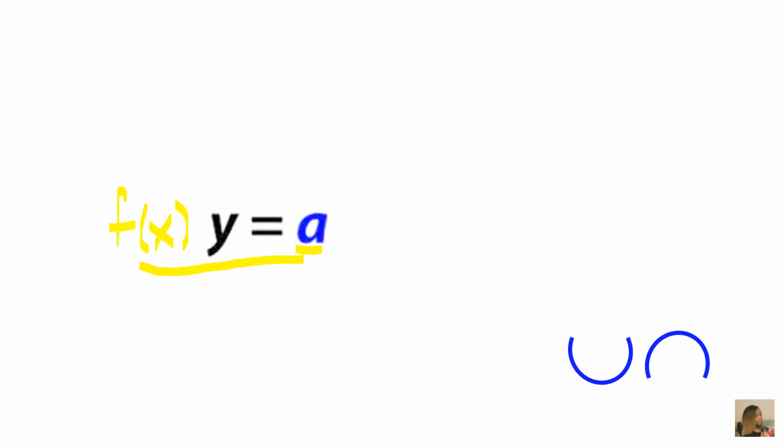So if a is negative, the parabola is concave down. But if a is positive, the parabola is right side up or concave up, okay? We're going to multiply a times x minus h.